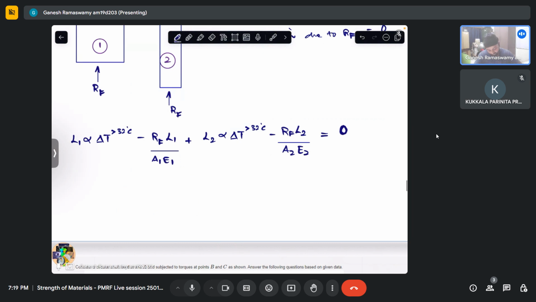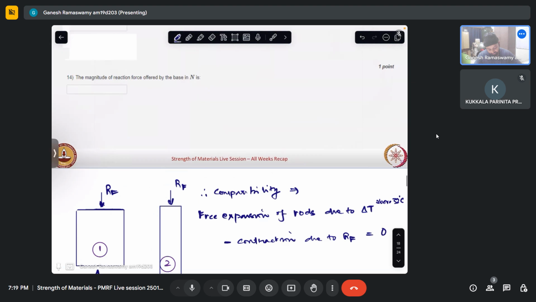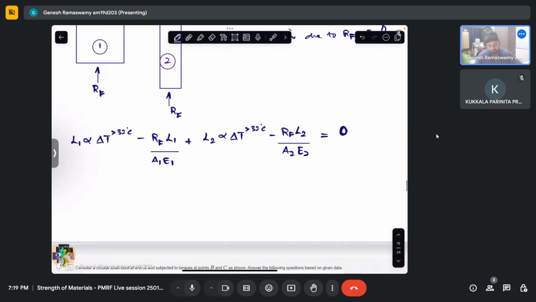So I hope that is clear. At 32 degrees, this already closed. Beyond that, whatever we heat and the compression both add up to 0.